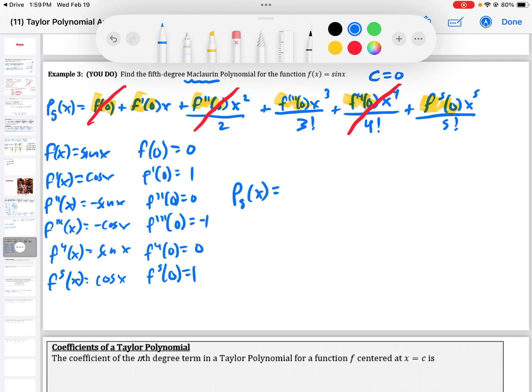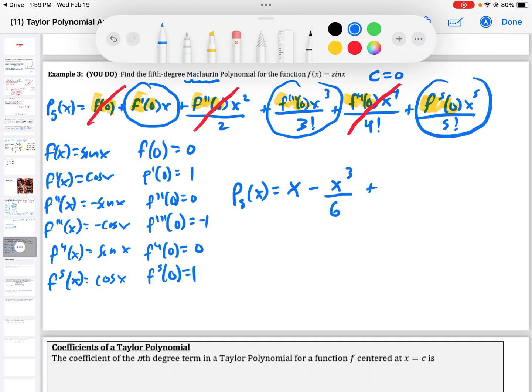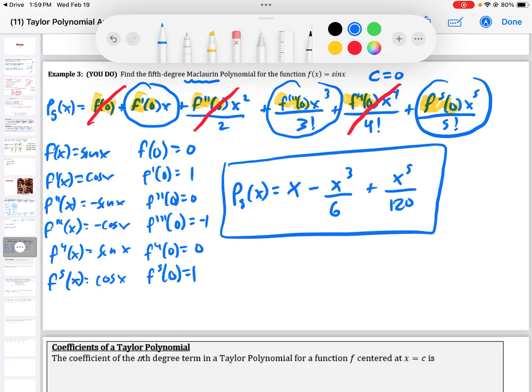The fifth degree Maclaurin polynomial would be f prime of 0, which is 1x, minus x cubed over 3 factorial, which is 6, plus x to the fifth power over 5 factorial, which is 120. All right, there it is. The fifth degree Maclaurin polynomial that would be used to approximate sine of x.